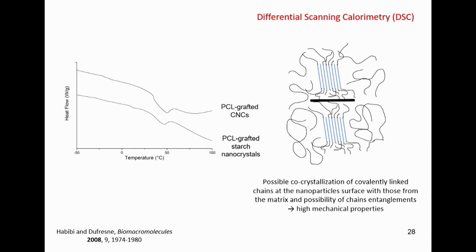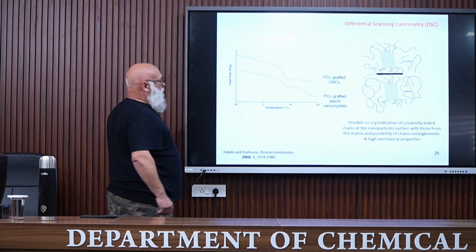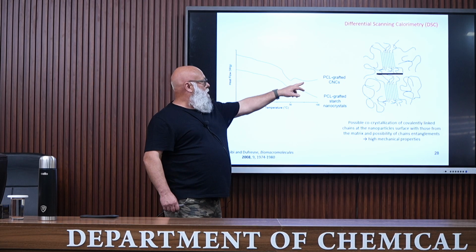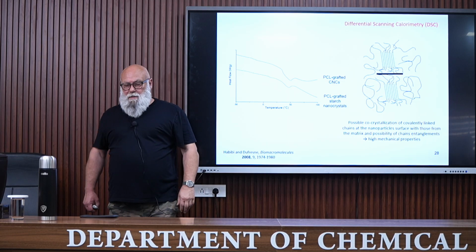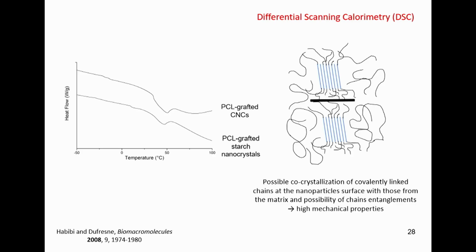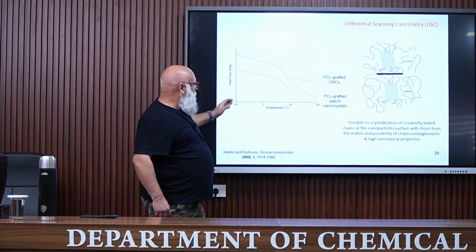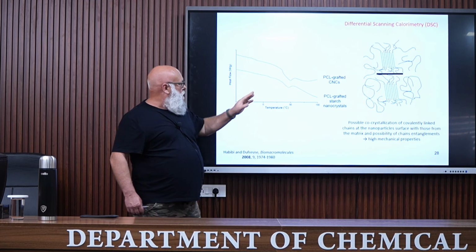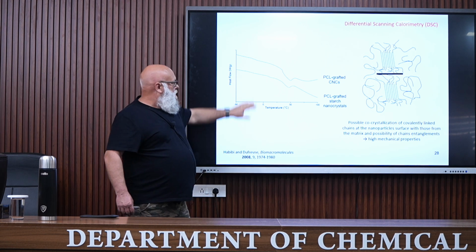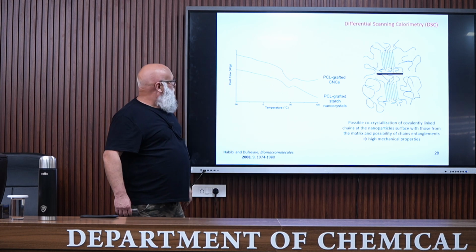This is another example in which polycaprolactone, the same as previously, has been grafted on the surface of cellulose nanocrystals using a grafting-onto approach. The melting peaks are not very well defined, but I don't have the DSC for the unmodified nanocrystals, but there is no peak in this case.